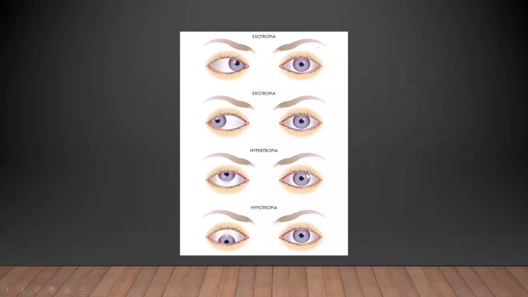Now, this is hypertropia, meaning your left eye is looking straight but the right eye is hyper. Hyper meaning up, and tropia meaning it is deviated in that direction. Now we have hypotropia, that means your left eye is straight and your right eye is deviated downwards. Downwards is hypo. So hyper is up, hypo is down, eso is in, and exo is out.